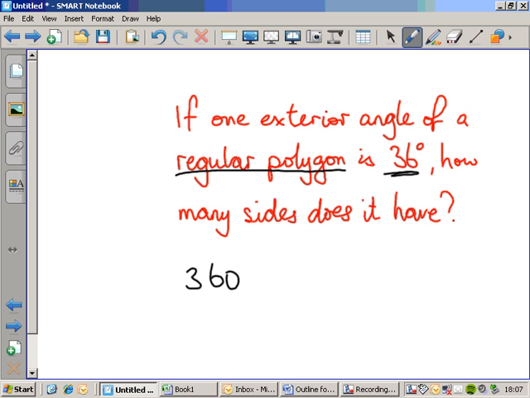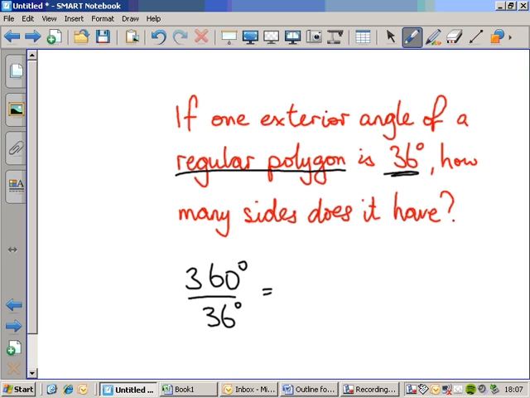Correct, they all add up to 360 degrees. And if we're told that each of those angles is 36 degrees, then surely we can find the number of angles that there are by dividing 360 degrees, that's the total, by the size of one of those angles, which is 36. So if we do 360 divided by 36, that will tell us how many 36-degree angles there are.